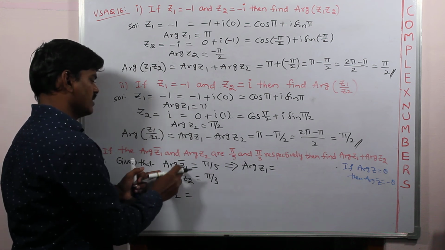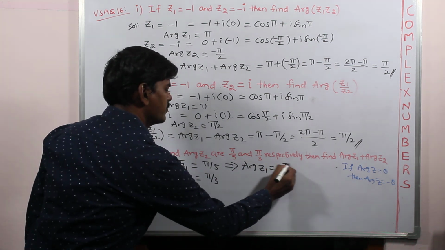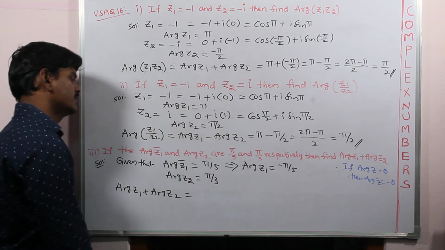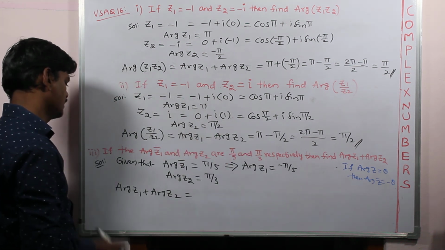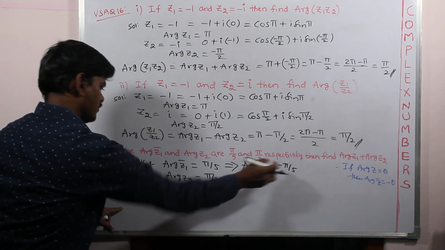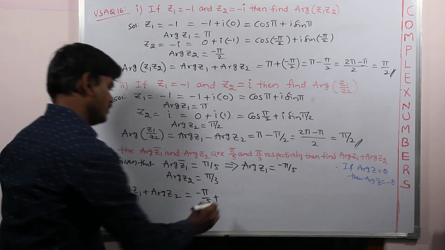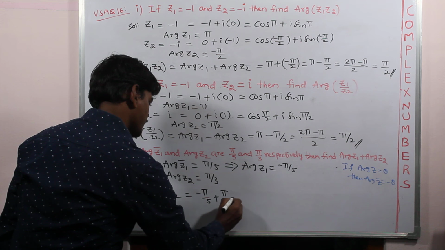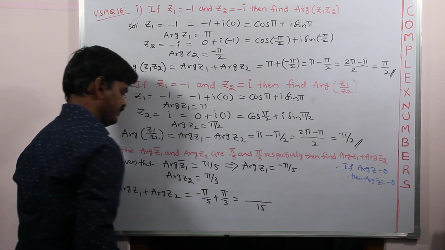So if arg z1 bar is pi by 5, can you say arg z1 now? It's obviously minus pi by 5. I told you, they differ only by sign. Now the arg z1 value is minus pi by 5 plus the arg z2 value pi by 3. Simplification: 5 and 3, the LCM is 15.